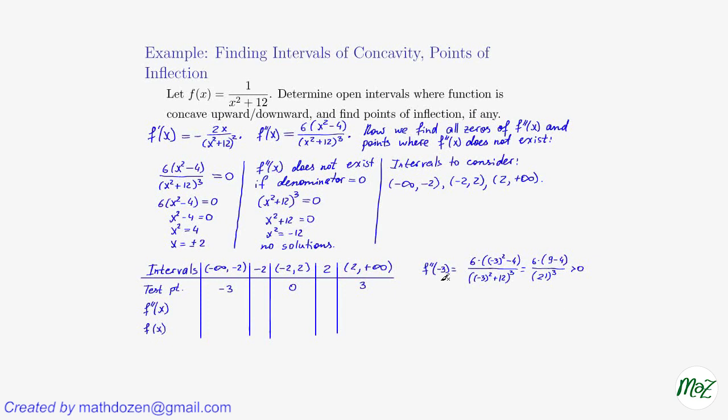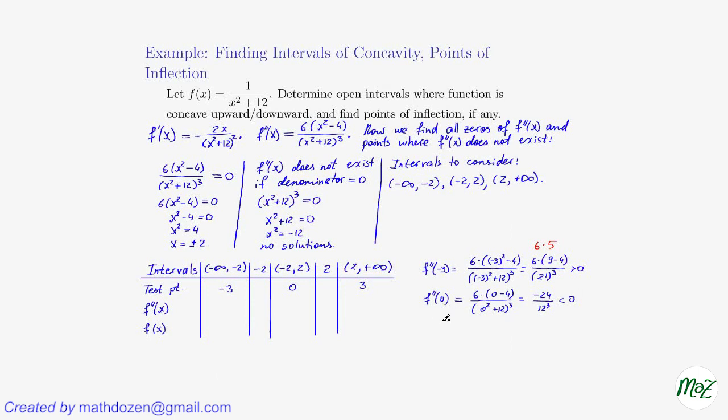At negative 3 we're going to end up with this expression, which gives us 6 times 5, and downstairs we have 21 to the third power, so all of this is some positive number.